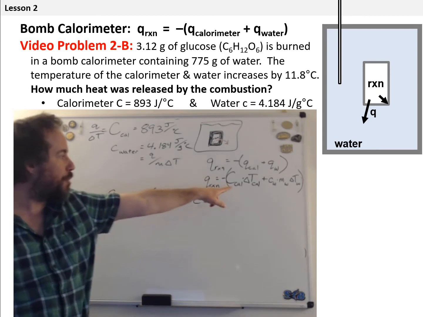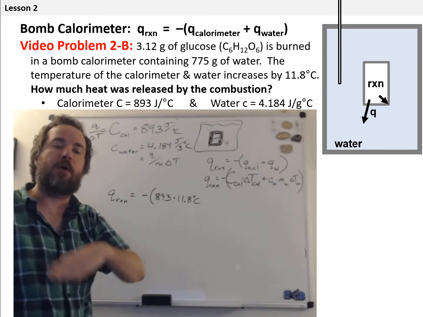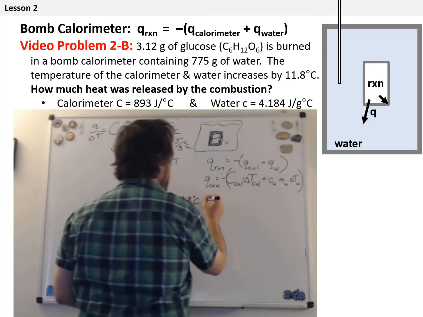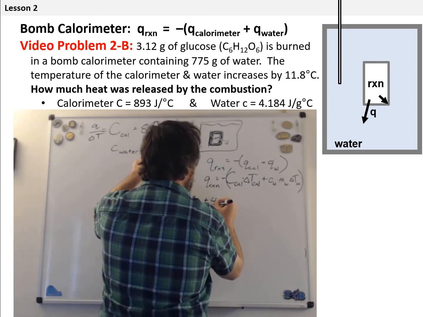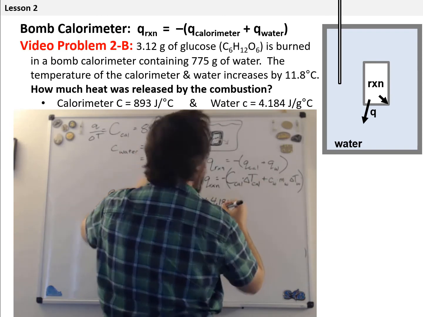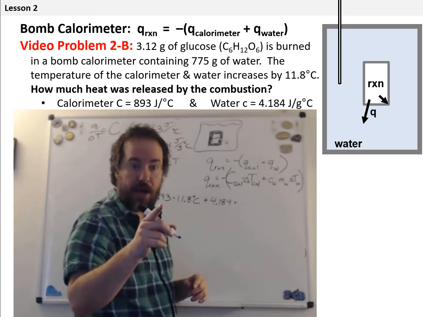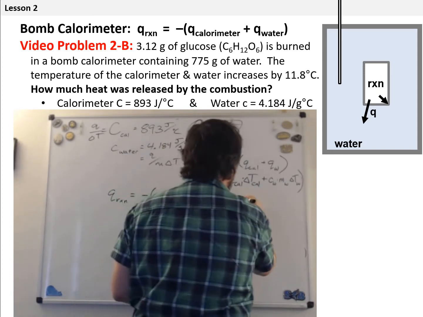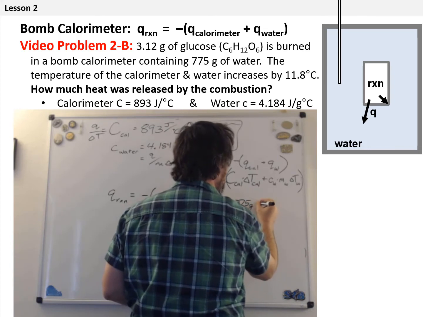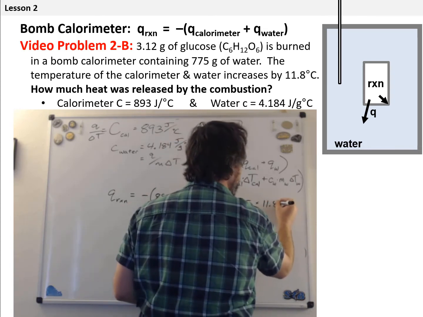So that means both these delta T's are the same and they're both positive because they increase. All right, so that plus 4.184 times my mass, which I was told it was 775 grams, times this 11.8 degrees C again.